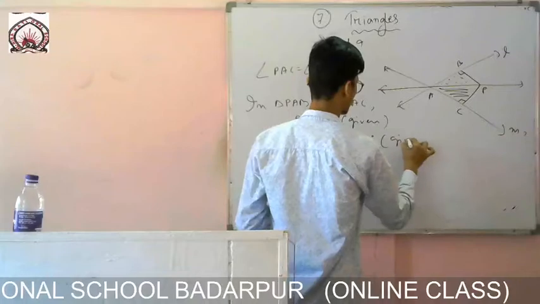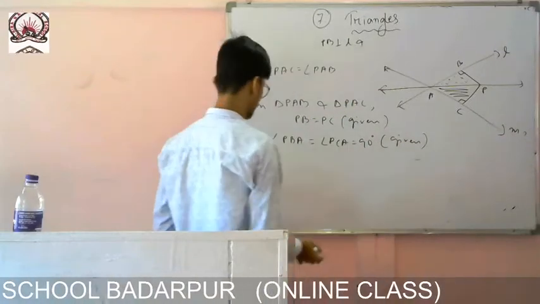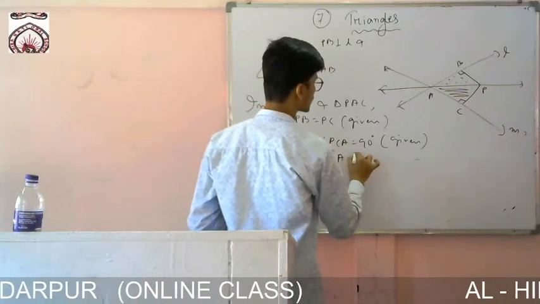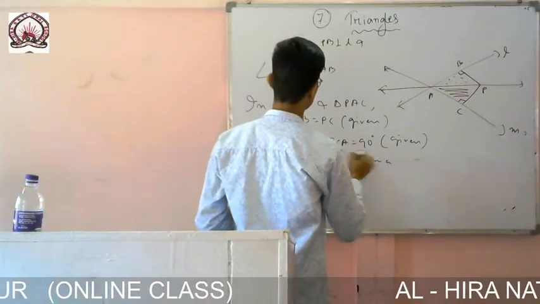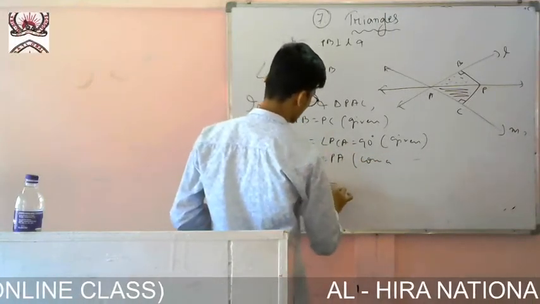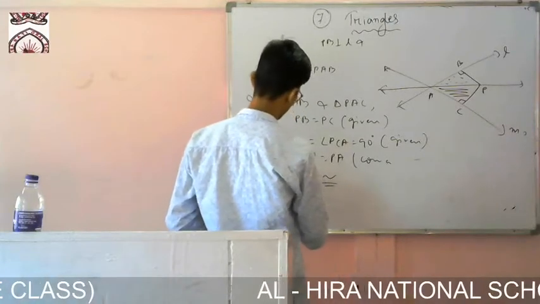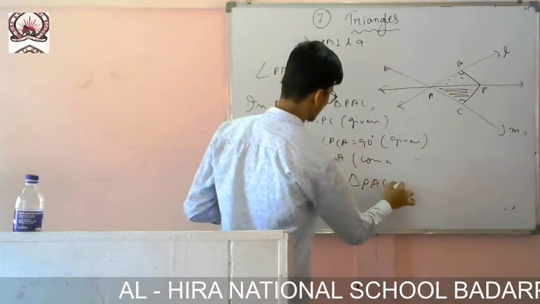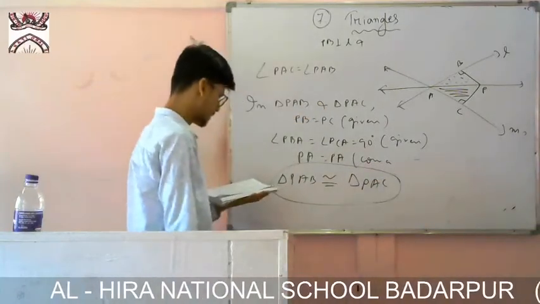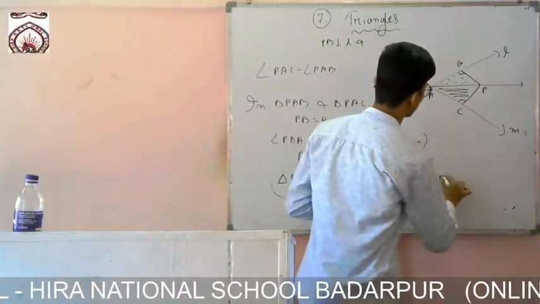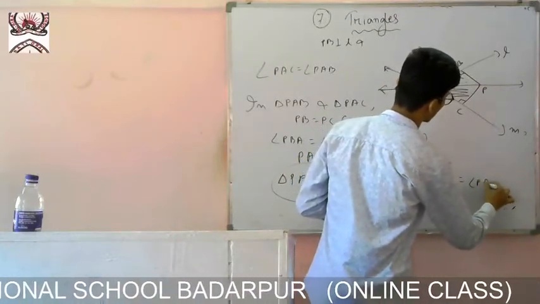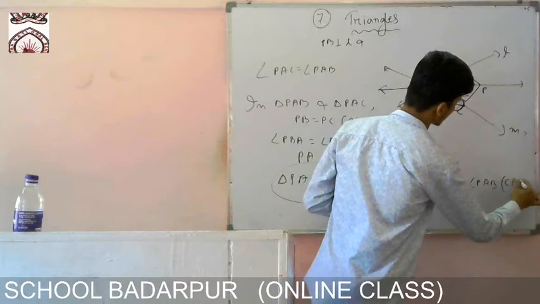It is also given that these are perpendicular, that means it is 90 degrees, and PA is the common side, so PA equals PA, common. So these two triangles are congruent. Triangle PAB is congruent to triangle PAC. If these two are congruent, then I can write angle PAC is equal to angle PAB, and the reason will be CPCT.